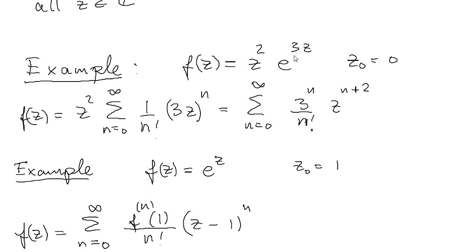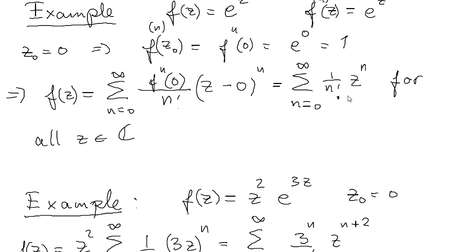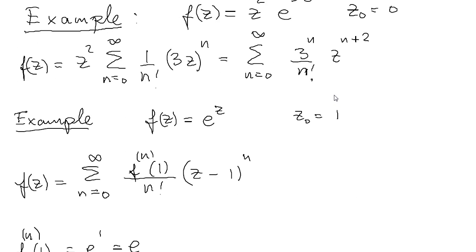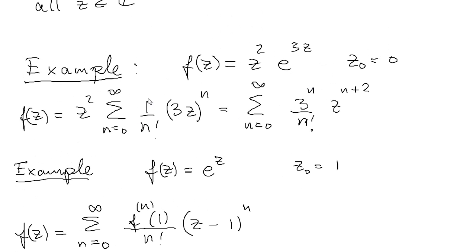So in this case we can just replace this expression by 3z instead. And this we have done here. We are replacing z by 3z, and of course we have to multiply with z squared.